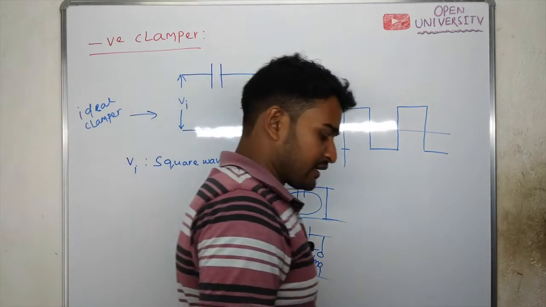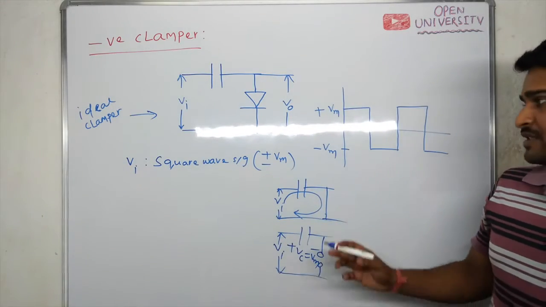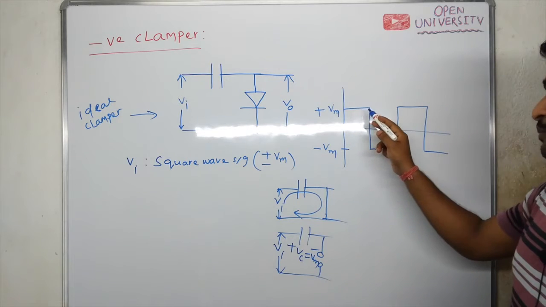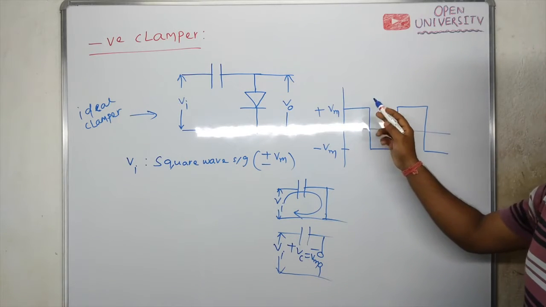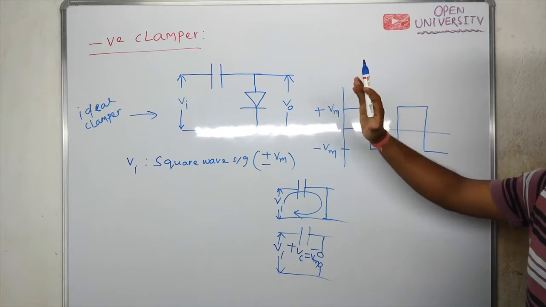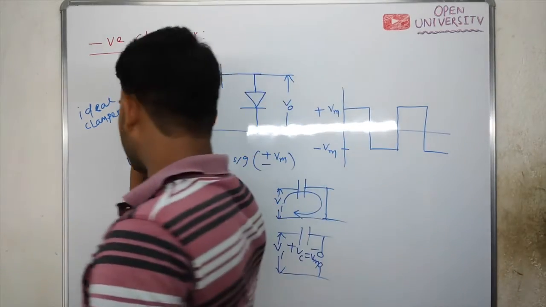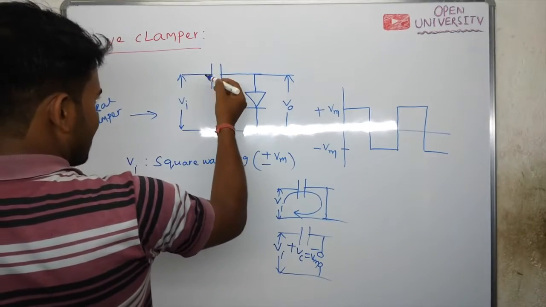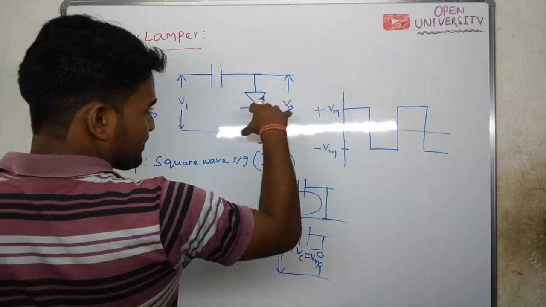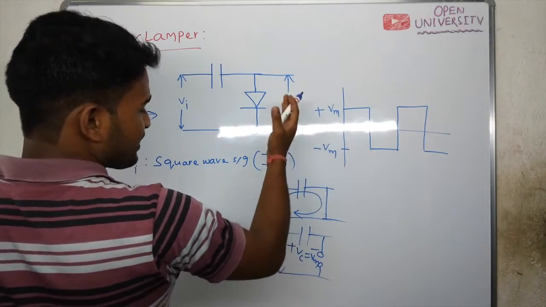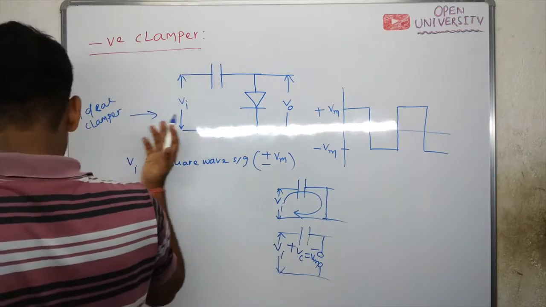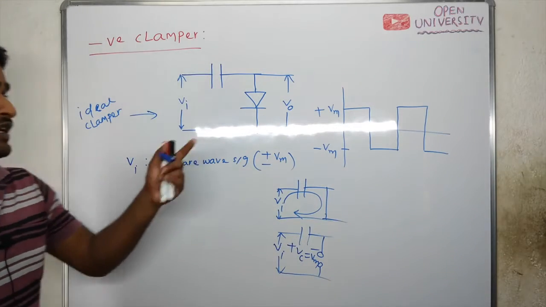Once the capacitor in a clamper circuit is charged up to the maximum value of the input, it will hold that voltage. The capacitor voltage will not change because, in an ideal clamper, there is no discharge path.